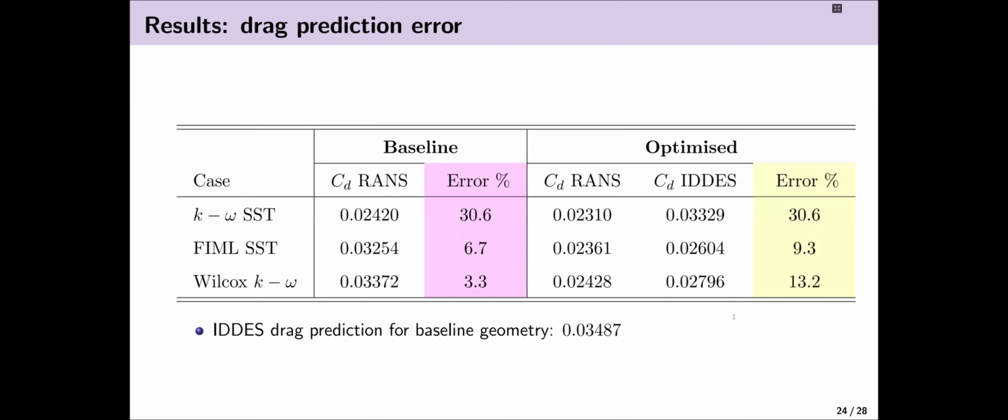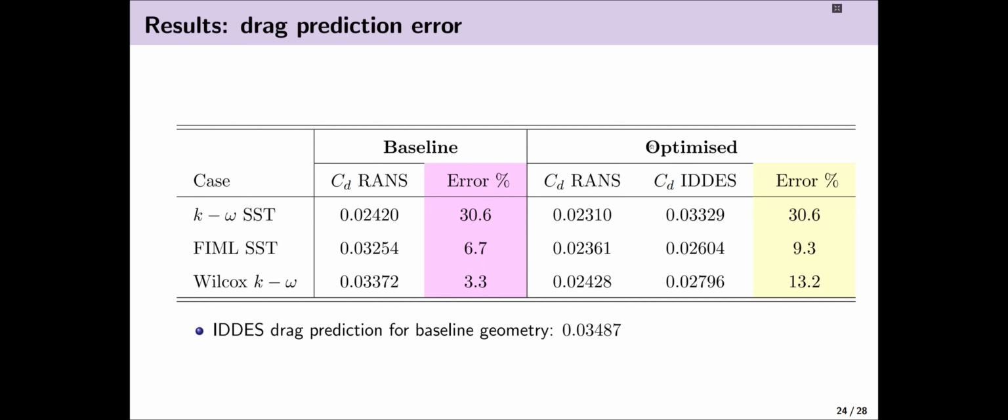Some more comparison of the error in the predictions of the baseline geometry and then optimized geometry. So I'm comparing the 3 different optimization cases with the 3 different turbulence models, and I'm showing the RANS predictions for the baseline geometries. We can see that the SST model is very inaccurate, so the error is about 30%, and then the augmented model has much lower error, and the k-omega also has a lower error.